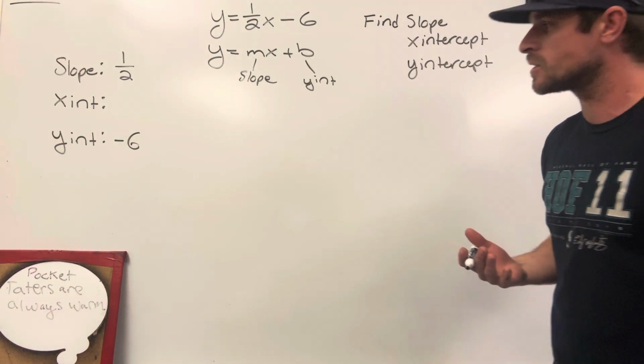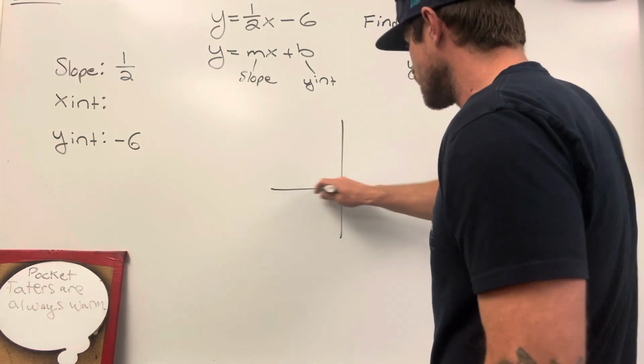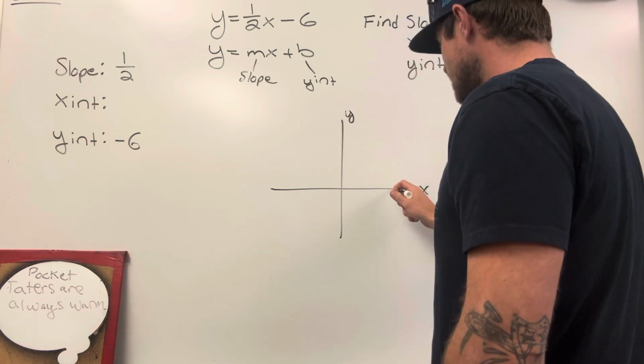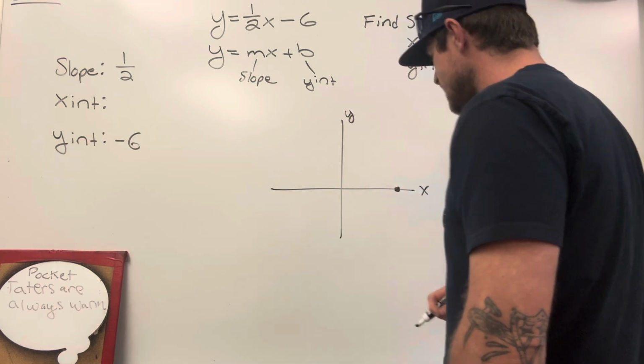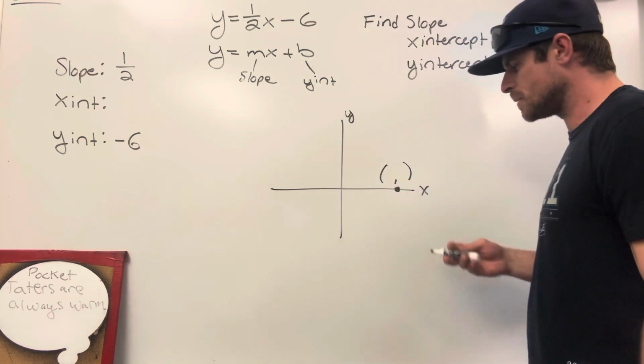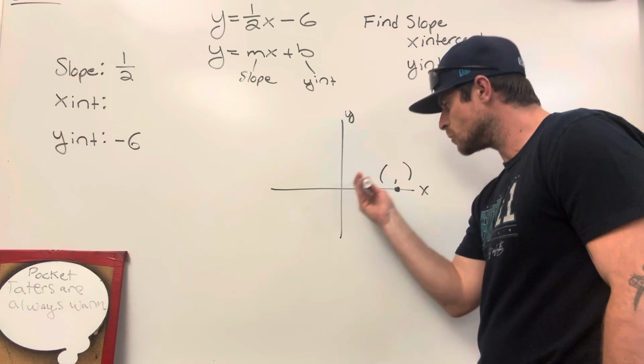All we've got to do is understand what an intercept is. So I'm going to draw a quick graph for you. This is our x-axis. This is our y-axis. Just think, if I have a dot on the x-axis, what part of the ordered pair do I already know? Because it's on this line, I know the y value is 0.